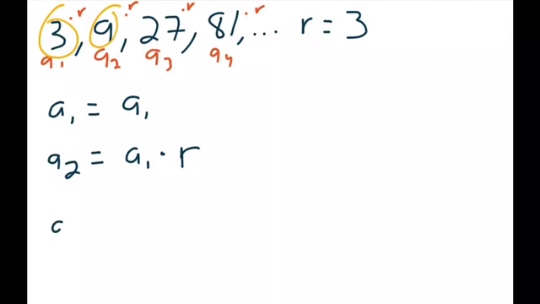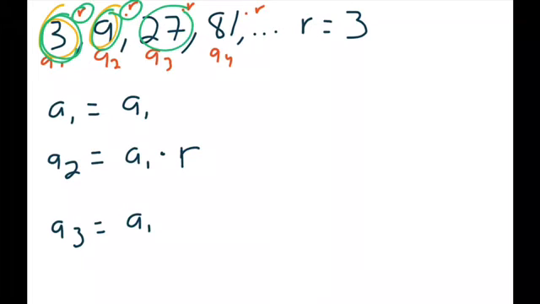So to get from a sub 1, I multiply by 1r. Then I'm at a sub 2. I multiply by another r to get to a sub 3. So r times r is r squared.